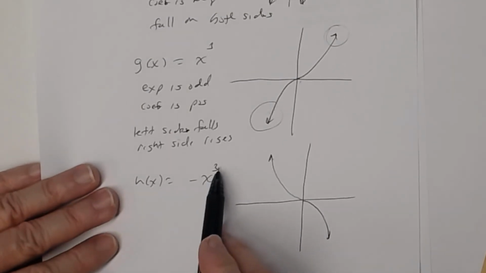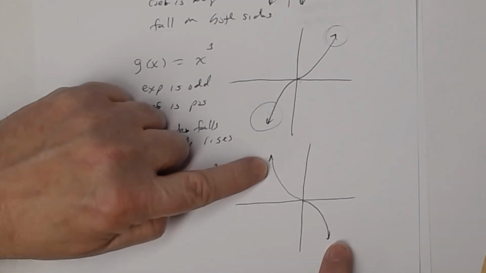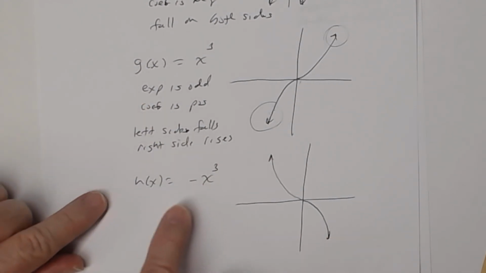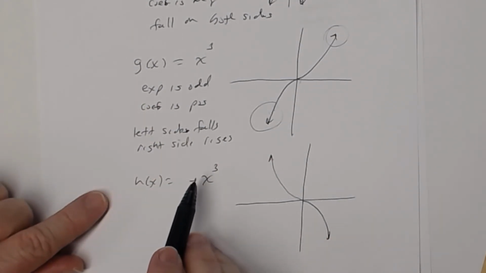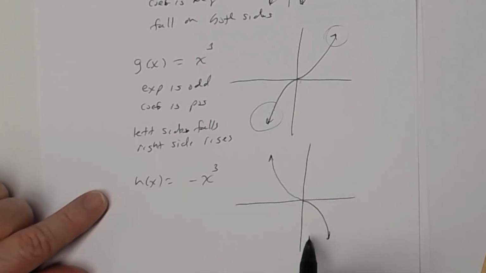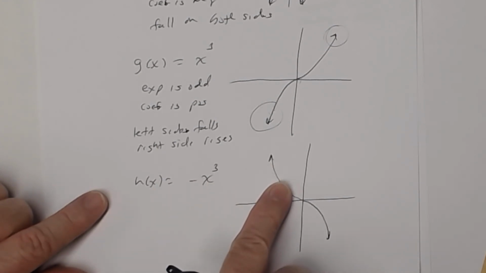So notice that, remember we talked about this, when the degree is odd, they're in opposite directions. One side rises, the other side falls. The coefficient here is negative. Whenever the coefficient is negative, it rises on the left, falls on the right. Okay, so as long as you know what this graph looks like, you'll always be able to answer those questions.